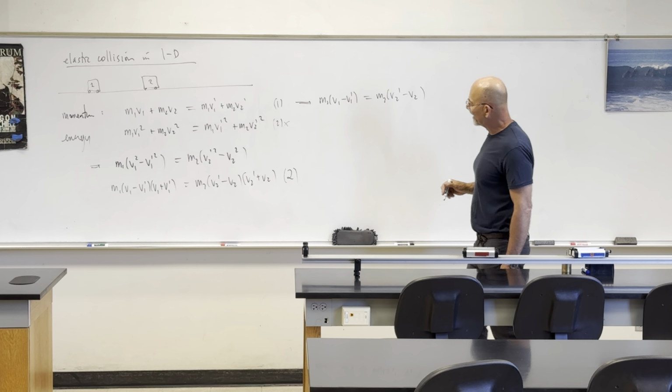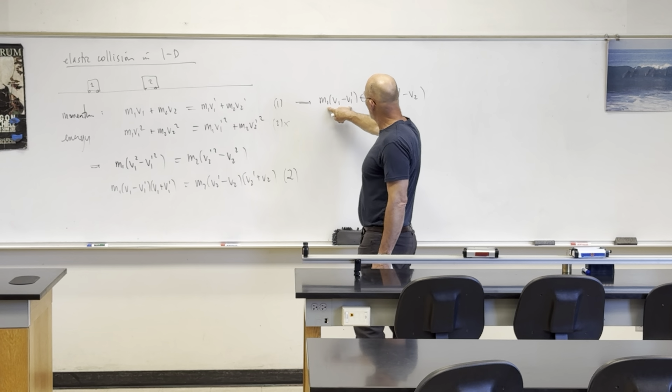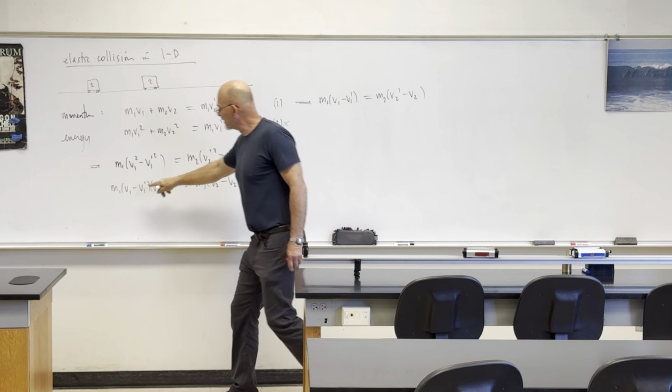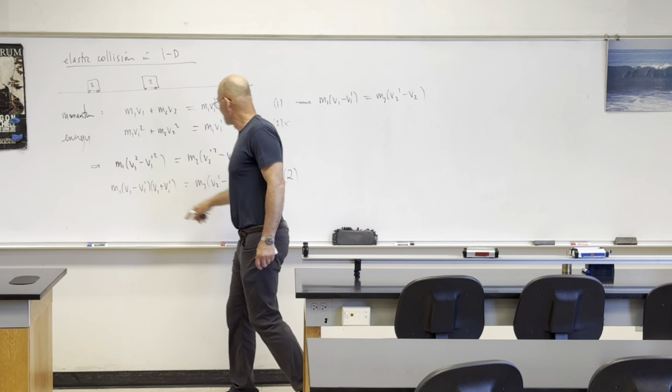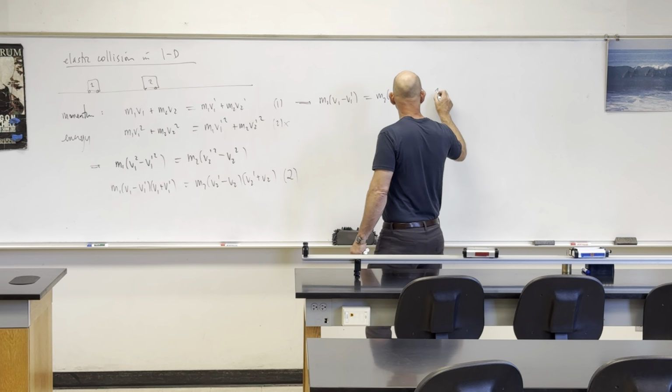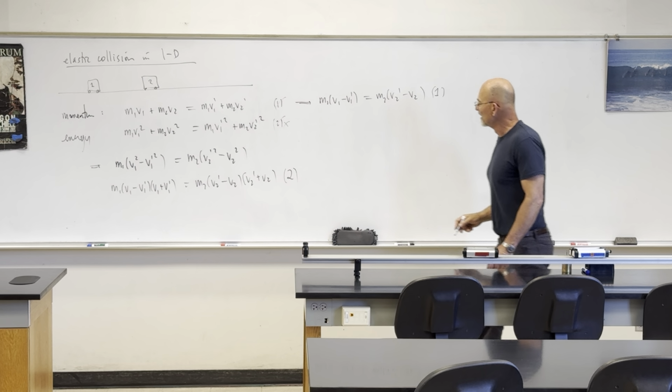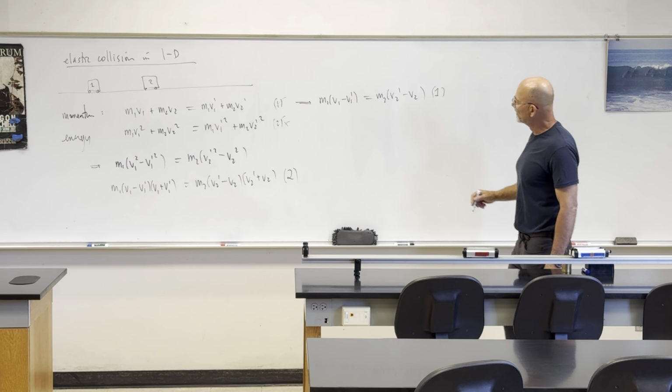And now we see we can make a substitution. We'll take the M1 (V1 minus V1 prime), take the right side here and substitute it down there. Okay. So this is the new equation 1. We still have two equations and two unknowns.